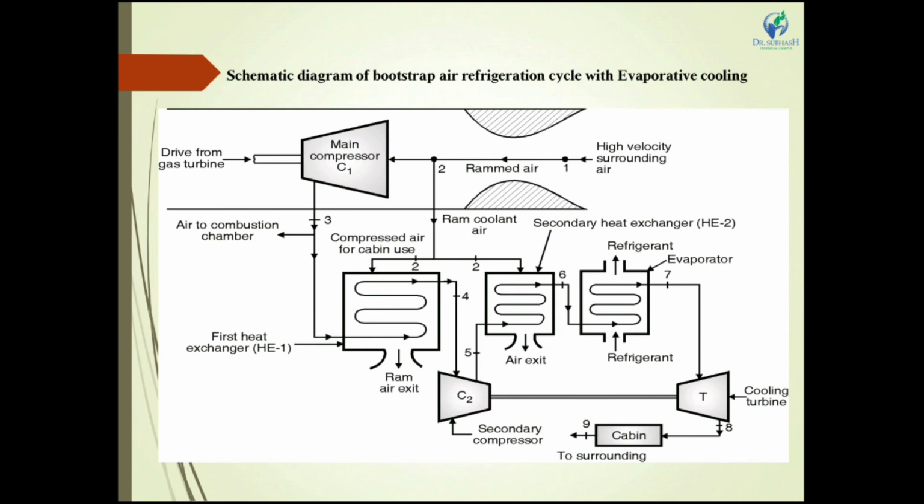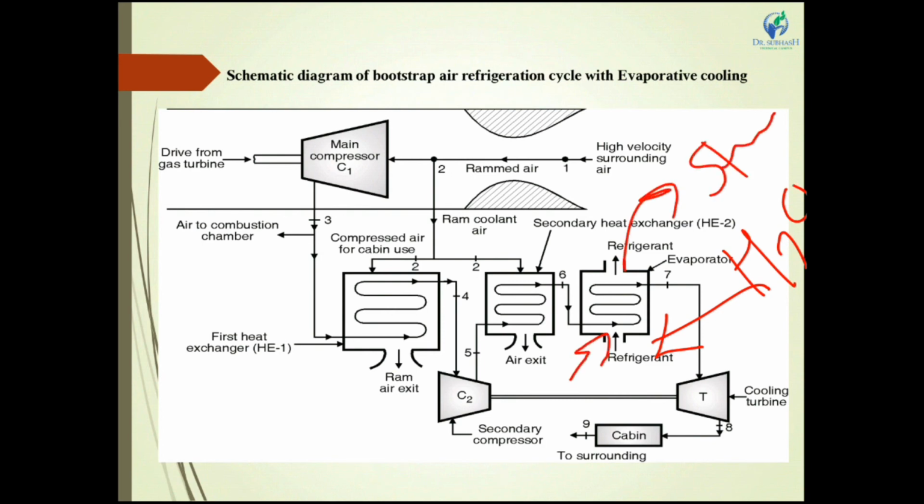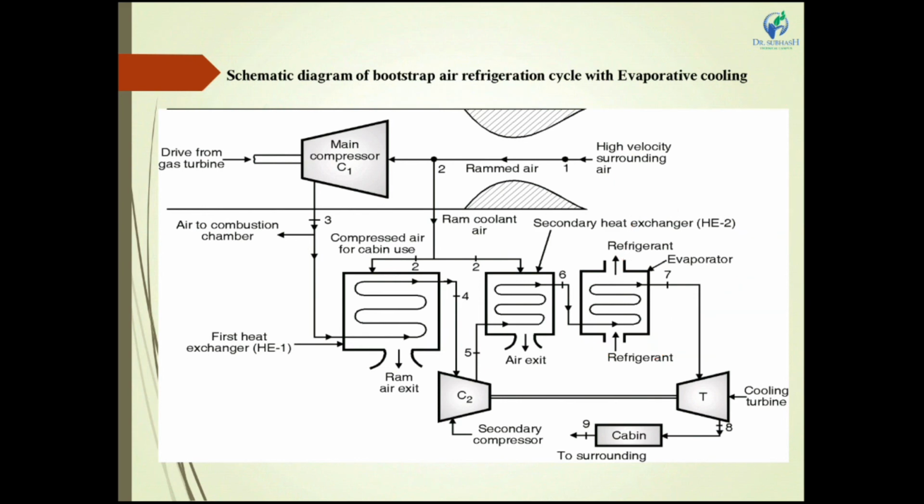Many types of refrigerant can be used in the evaporator. For example, H2O enters as a liquid and leaves as steam for evaporative cooling. The main function of evaporative cooling is to give additional cooling of the compressed air, and the net refrigeration effect produced by the cooling turbine increases per net ton of refrigeration.